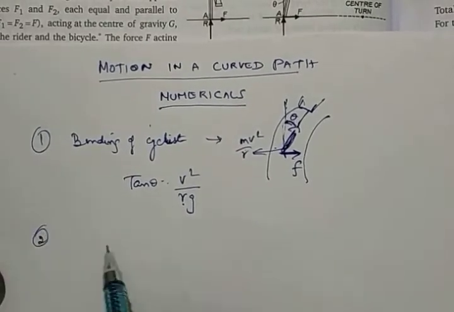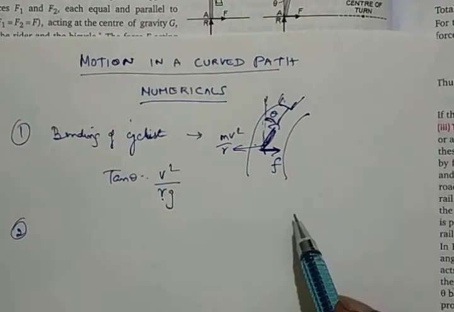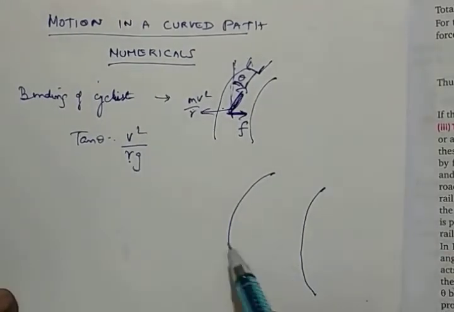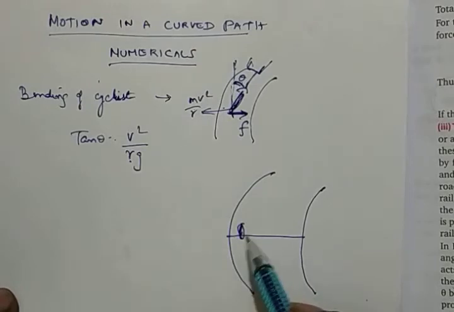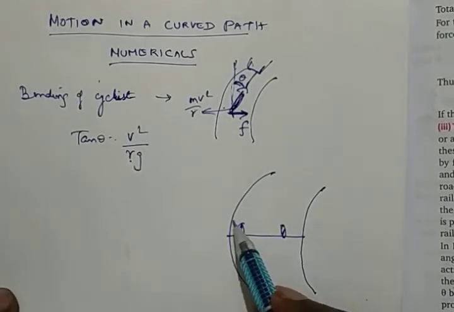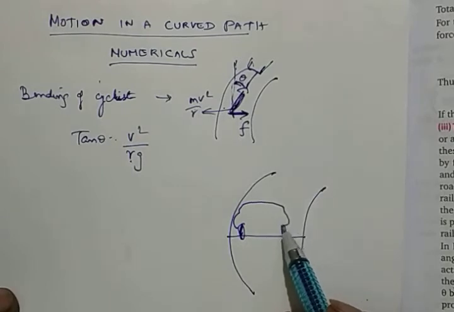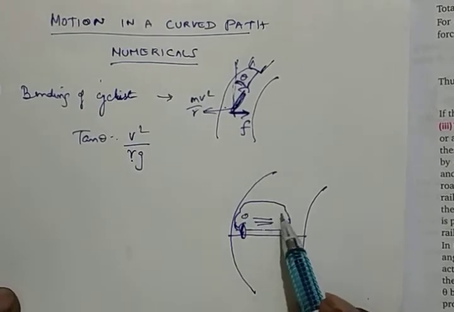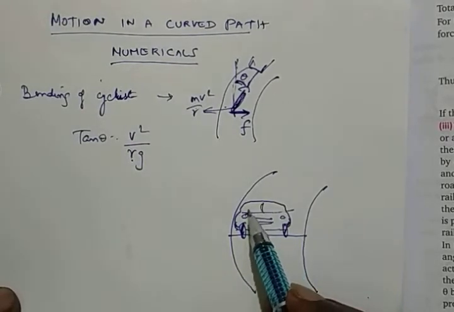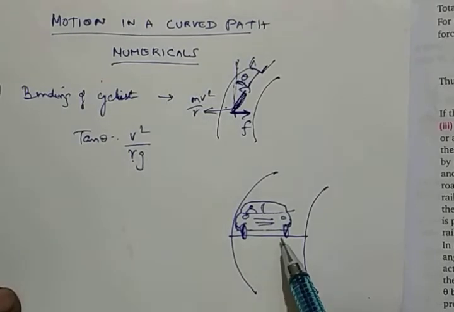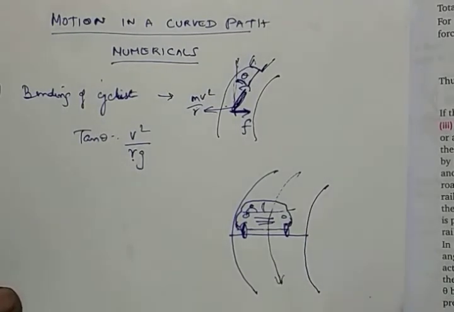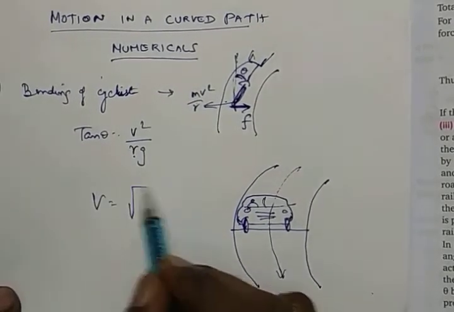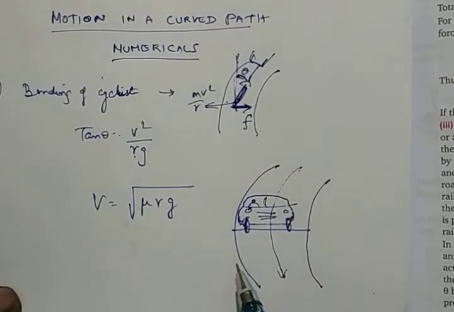The second part is when a car is moving in a curved path that is just flat. When a car is coming in a curved path which is not banked, the velocity is equal to the square root of mu r g.